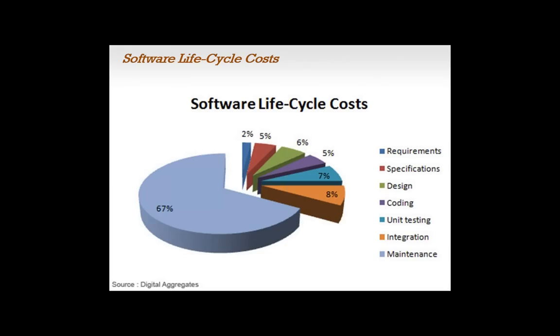This does not only mean fixing bugs or defects, but also developing the software from scratch, or implementing new features or modifying existing features. The rest, the one third that is left, is also costs. But if you look into, for example, 2% for requirements, it's just a little part of the overall cost. The main part is maintenance.